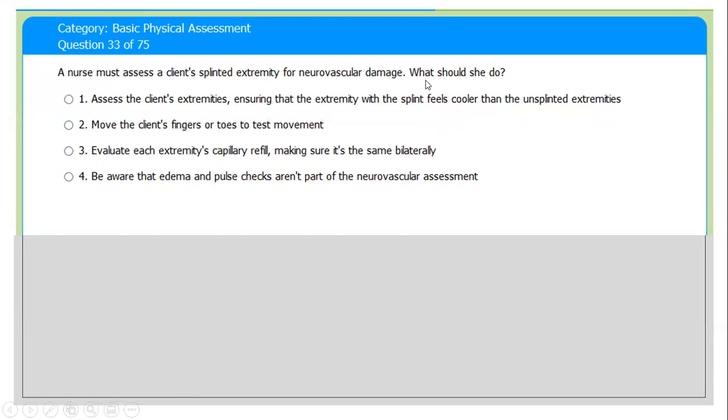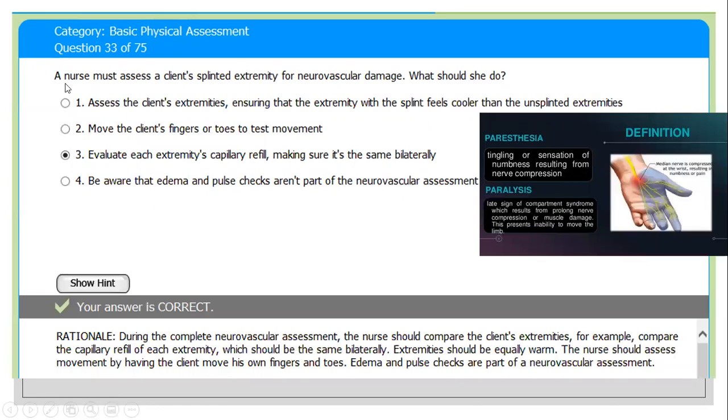The examiner is asking what she should do. The correct answer is evaluate each extremity's capillary refill, making sure it is the same bilaterally, right? So during the complete neurovascular assessment, the nurse should compare the client's extremities.